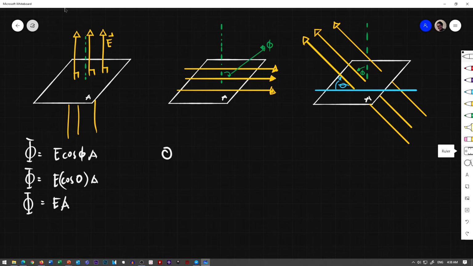So writing that one down, that would be E cosine phi multiplied by the area, and then we have, what's the value of that? Cosine 90, right? Starting from the normal line, moving 90 degrees to this direction. So basically that's 90 degrees, right? So multiplied by the area. So cosine 90 is what?